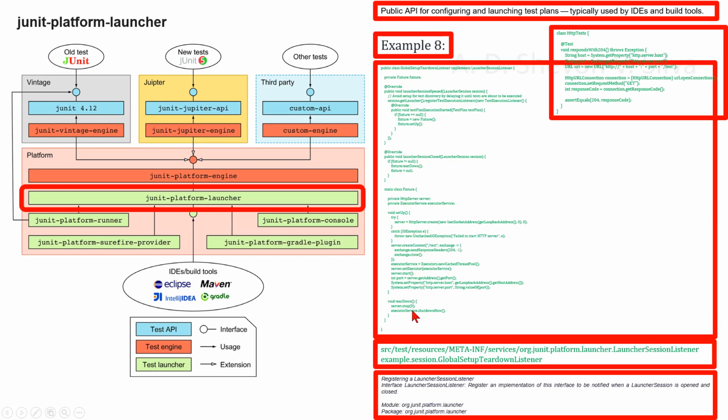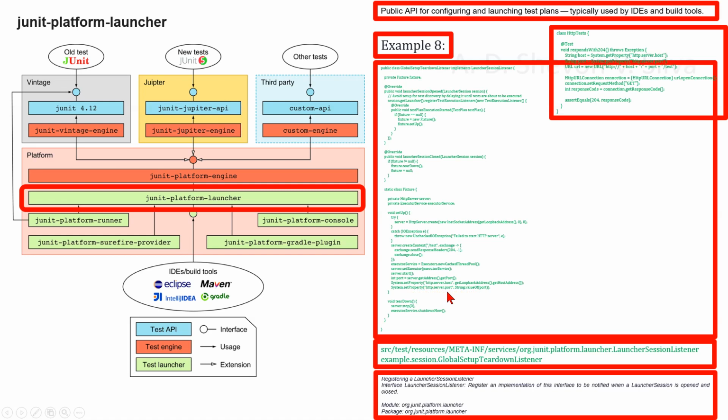Here you can see step 1 here, start the server, and here you can see we export its host address as a system property for consumption by tests, and export its port as a system property for consumption by tests.